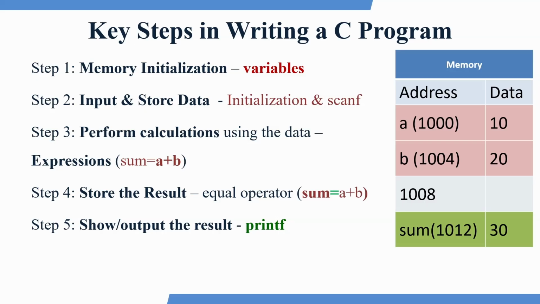Now we are getting an empty space in the memory, and in that empty space we need to fill the data. So how can we fill the data? Either you assign the value in the program itself, or you read the data from the user.